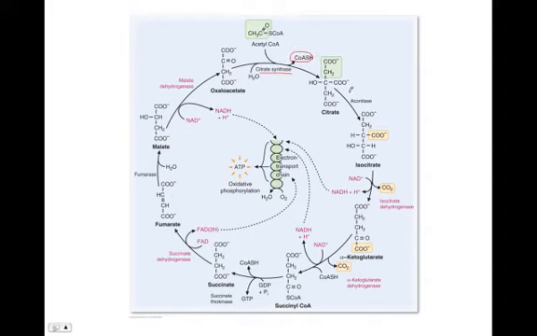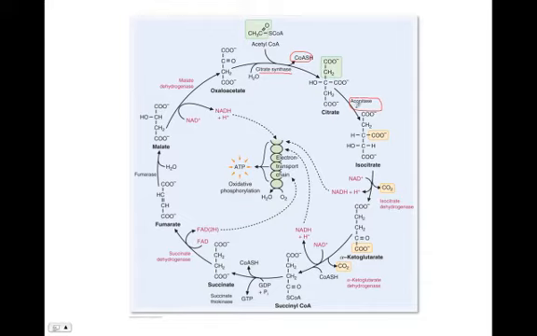The second step of the reaction is controlled by aconitase, and this is an isomerization reaction where citrate is converted to isocitrate. This reaction occurs through dehydration followed by rehydration, resulting in bond rearrangement.